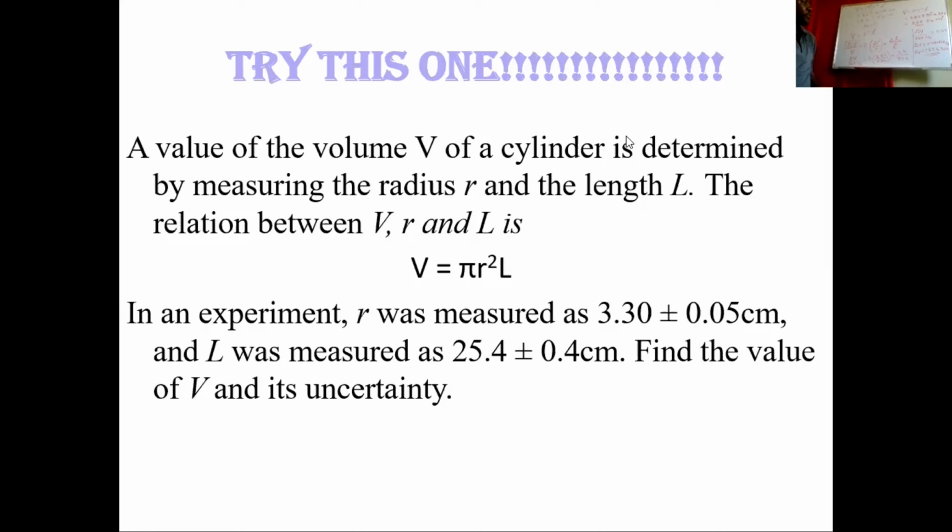So that shows us that if we're finding the volume of an object by finding the radius and the length, we're going to get more uncertainty than if we use a measuring instrument to find the volume of that object.